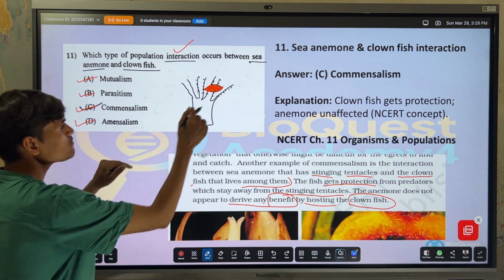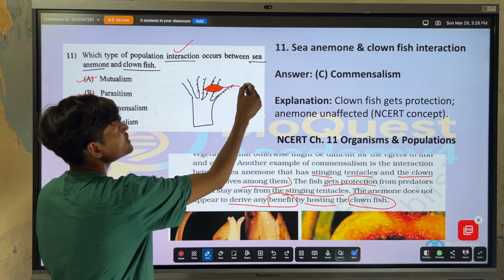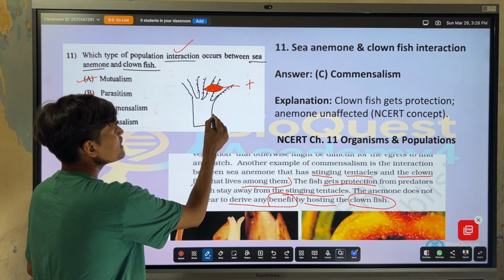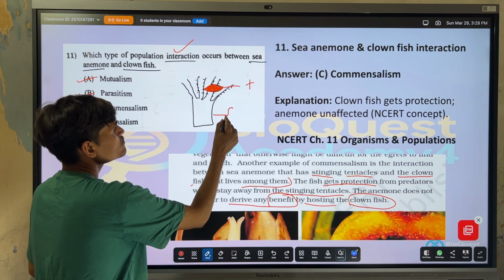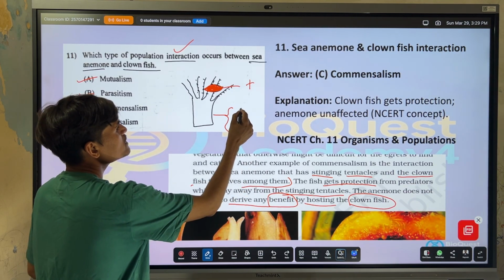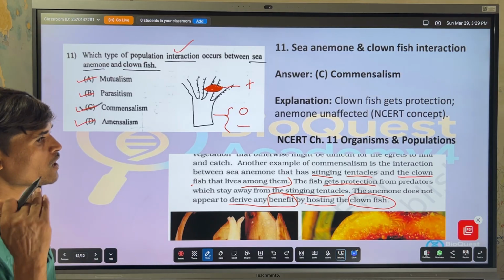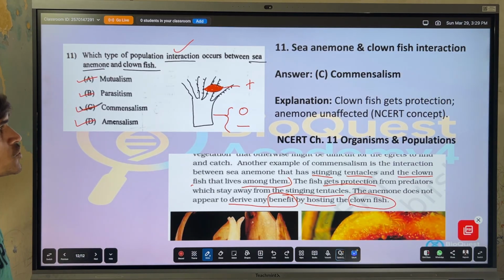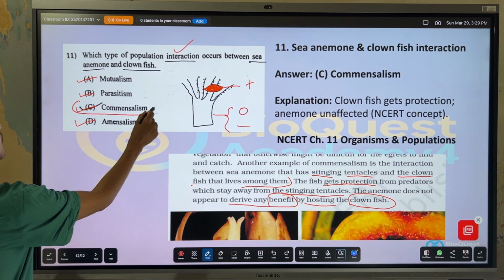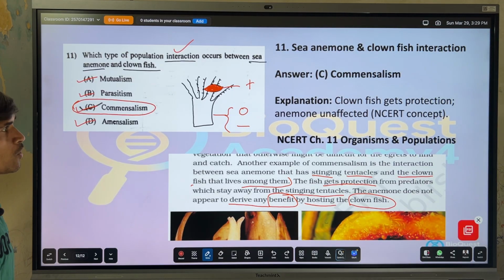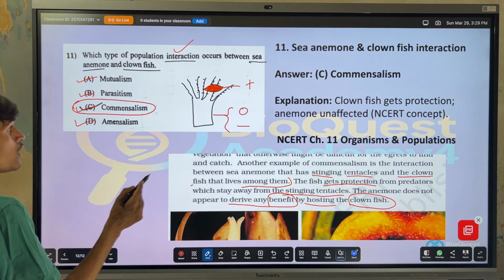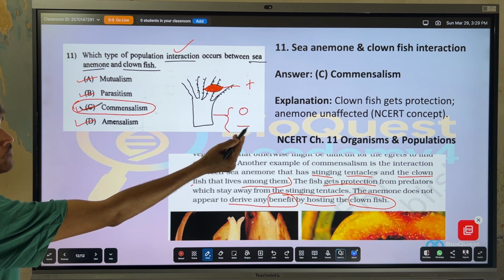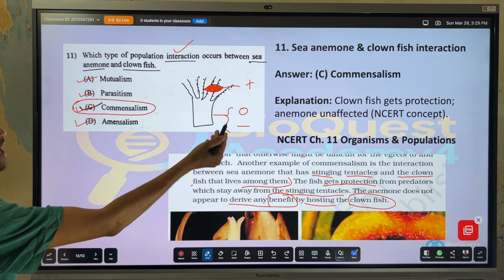That means in this relationship, the fish is getting the benefit, I am writing plus, but the sea animal is getting nothing, like zero. It is neither benefit nor harm, that means remaining neutral. Now this kind of relationship is known as commensalism. So the answer is commensalism, because the clownfish gets the protection and the sea animal remains unaffected.